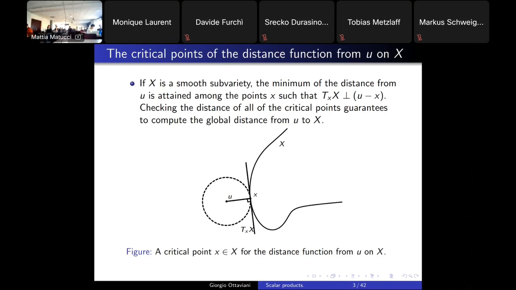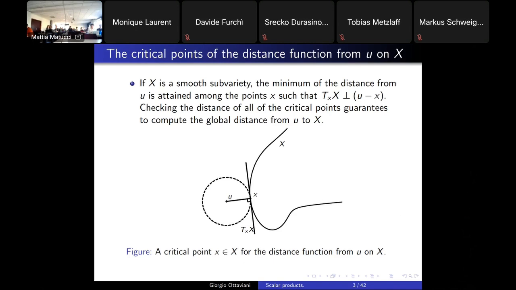You see, as I told before, the distance has the gradient which vanishes, and geometrically this means that the tangent space to X at this point is orthogonal to the segment joining U with X. So, okay, here is the formula. Orthogonality between these two things.